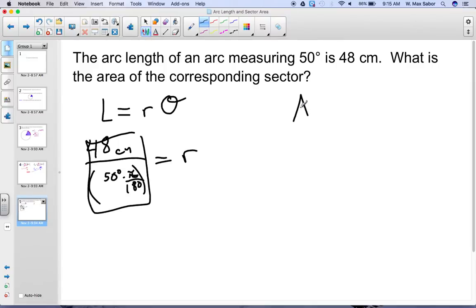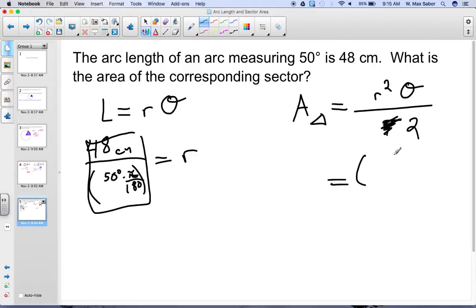And then for the area of the corresponding sector, that's r squared theta over 2. So r is this whole thing over here, 48 centimeters.